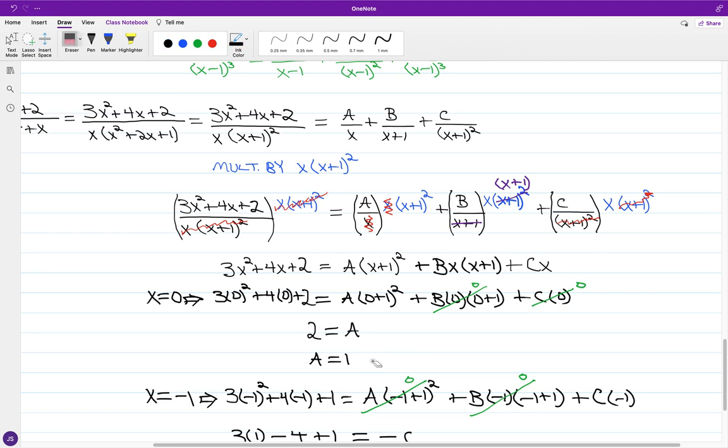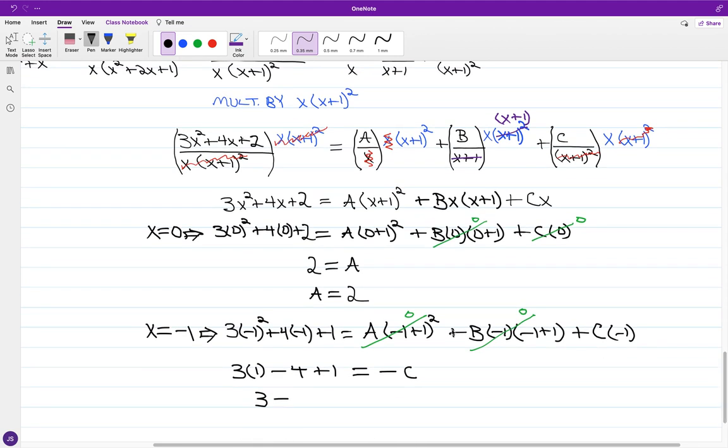Okay, so we have that a is equal to 2, and just fixing what we have here. There we go. All right.